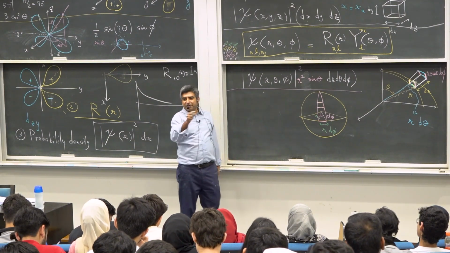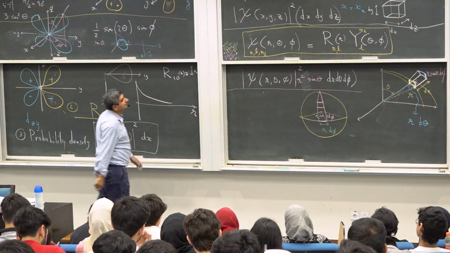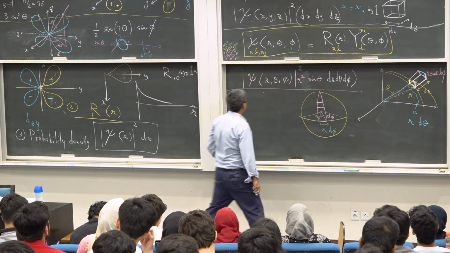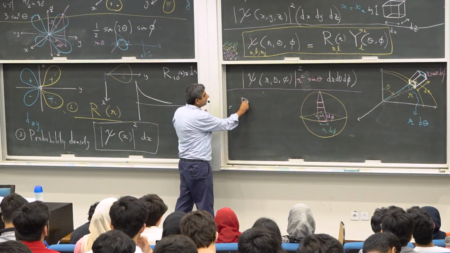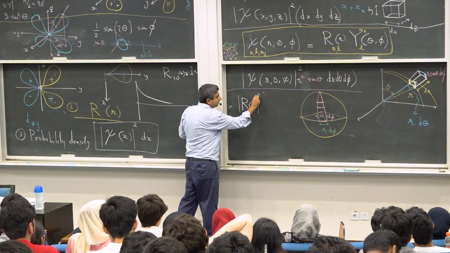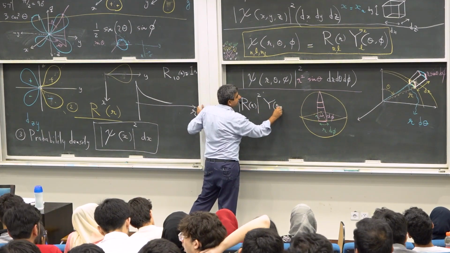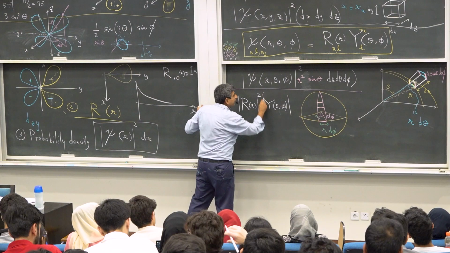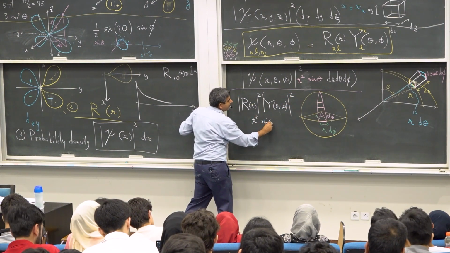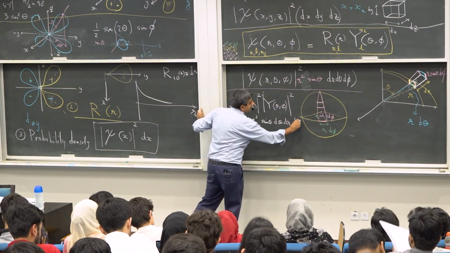So my psi is R times Y. I take the modulus square of this. I get R, a function only of r, modulus square, Y, a function of theta and phi, modulus square, r squared sine theta dr dθ dφ.